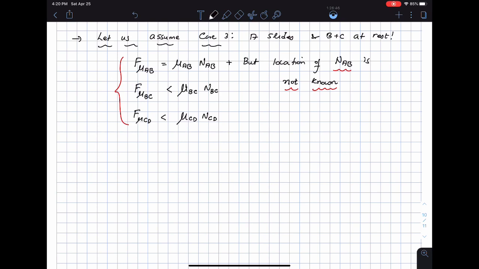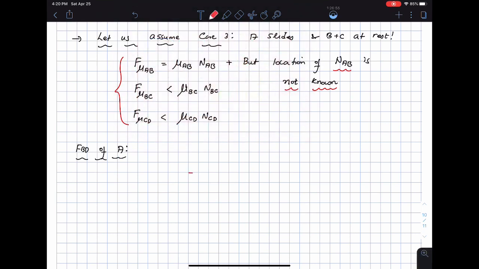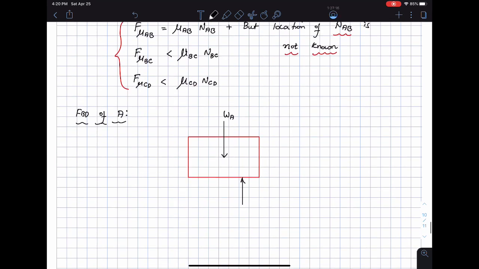I'm going to draw the free body diagram for A, and then B and then C, if necessary. So here is the free body diagram of A, and I start looking at the different forces that are acting. First of all, there is the weight of the body A, which is given to me. Then the normal force, where I don't know the location, so I'm just going to draw it at an arbitrary position.